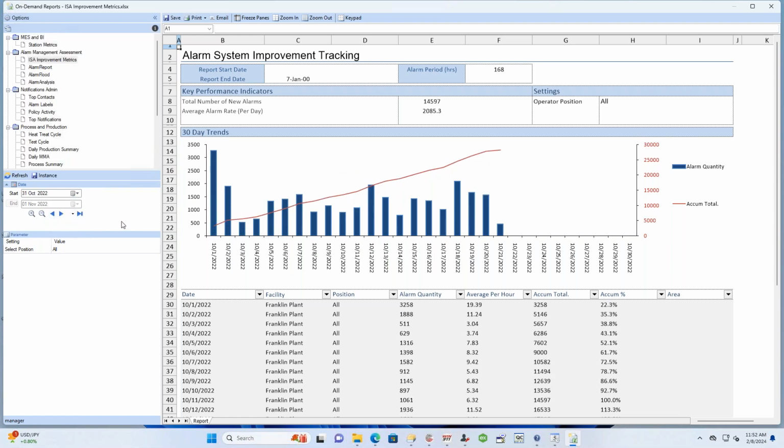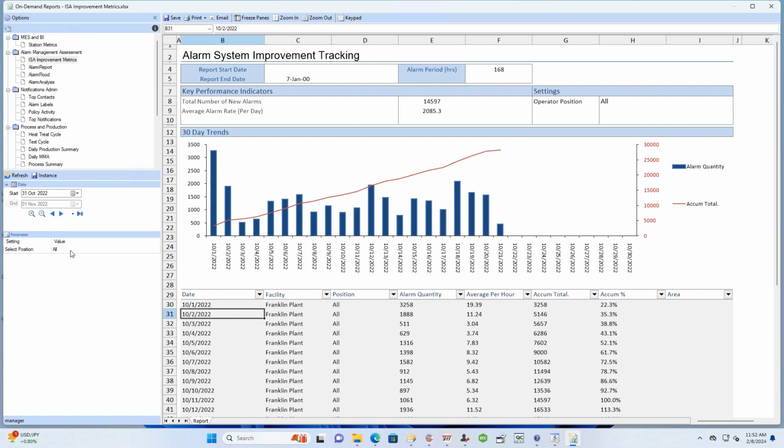We can see here we had days where we spiked, and days where we got lower. Were we to go back and re-rationalize this, say on day 30, we implement changes into the alarm system, we'd then be able to track this in the next 30-day period and see, okay, maybe now our total is actually going down.